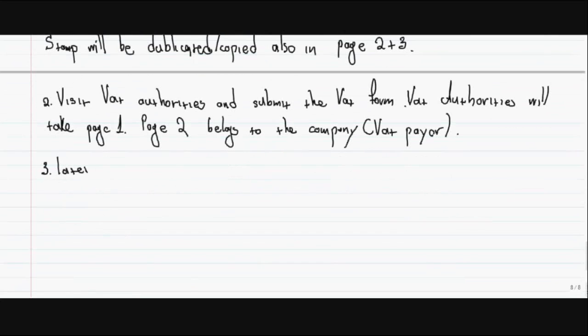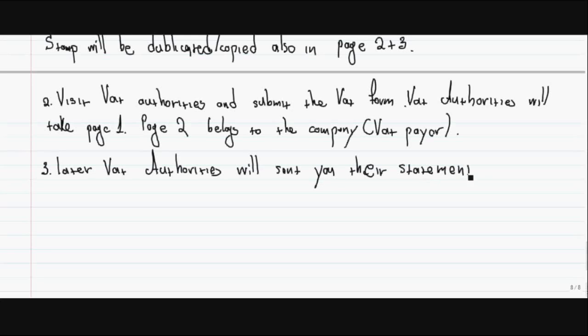And later, the VAT authorities will send you a VAT statement telling you that you have no balance with them, or that you have a balance in case you cannot pay your obligation, and you can use this VAT statement to verify your balance in your trial balance.